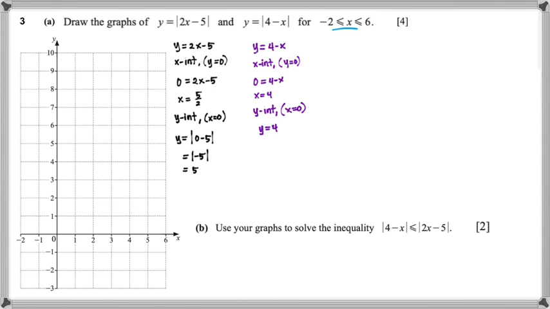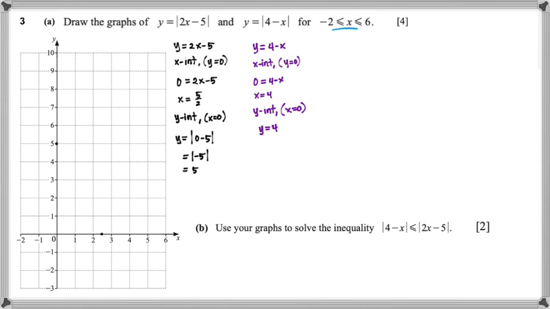y is equal to the modulus of 2x minus 5. So we have the point 0, 5, and maybe this is too thick, let's make it thinner. And we have the other point, 5 over 2, or 2.5, so it's around here.